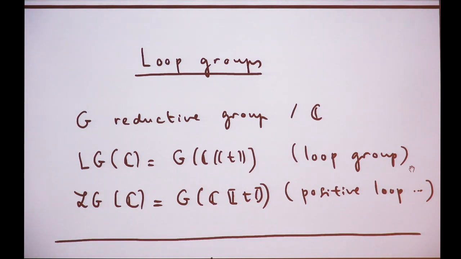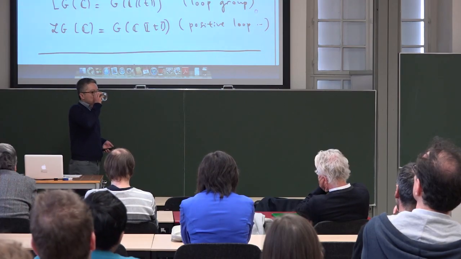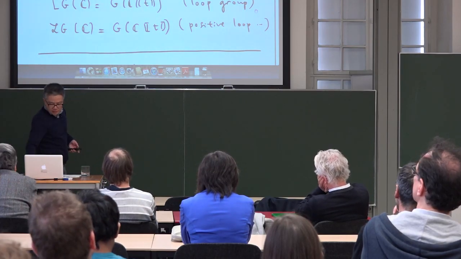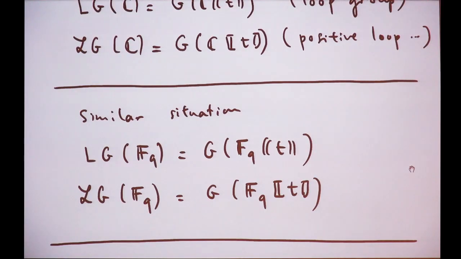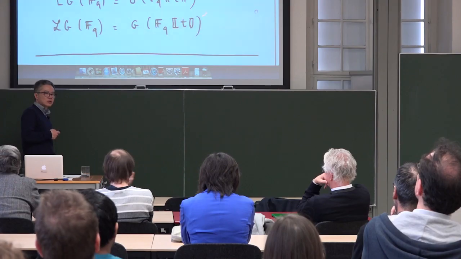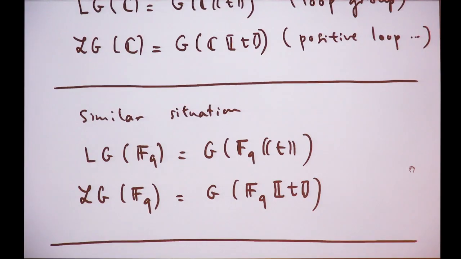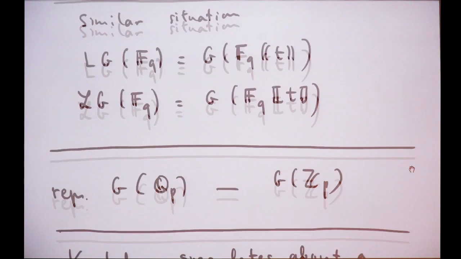So we really want to understand the representations of these loop groups. And they are connected to others. For example, if you replace the complex numbers by a finite field, then you have a similar object: the group of matrices with coefficients in formal series in F_q. So those are also called, they become more arithmetic. Those are called local fields of characteristic p. And of course, this is very similar to the completely arithmetic case.